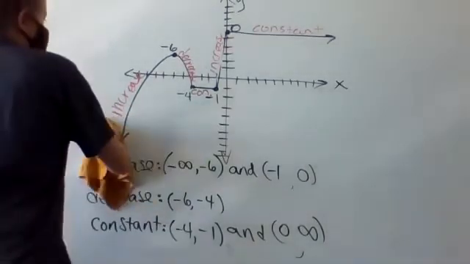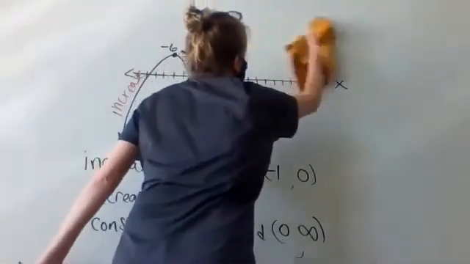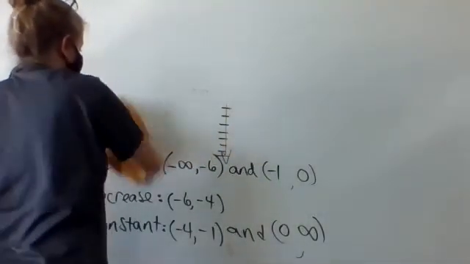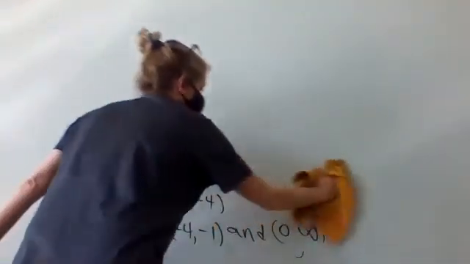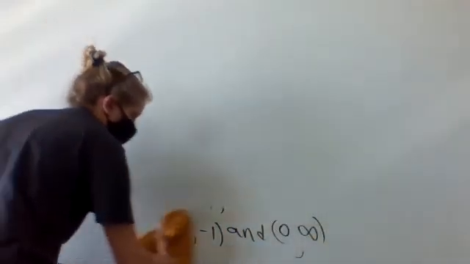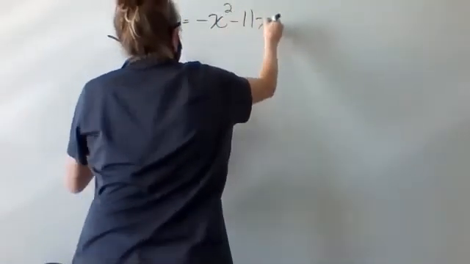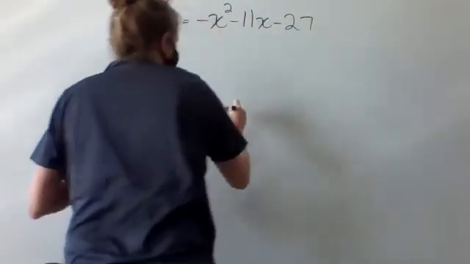All right, number 7. Here's the function: f of x equals negative x squared minus 11x minus 27.